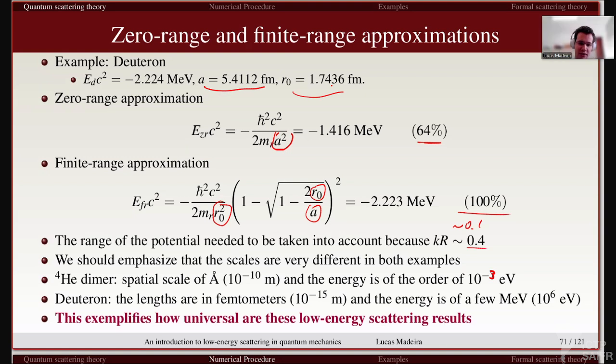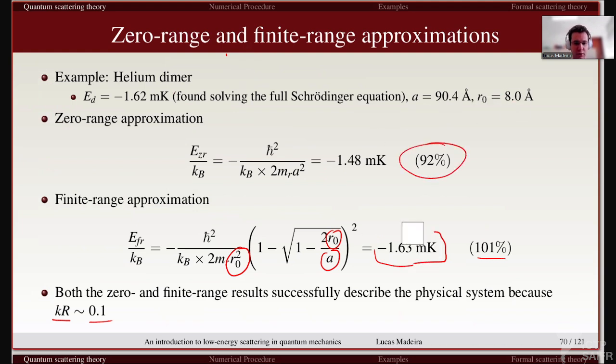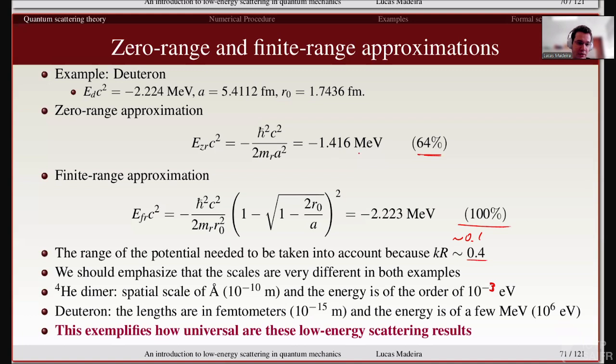Well, you can see where you start to leave the validity regime of this theory, even in these examples that I'm showing here. If you are doing just a helium dimer, you could do a zero range theory and you would get pretty good results. Of course, going one step beyond, you get much better. If you do that for the deuterium here, you see that the zero range theory is bad, but if you go a little bit further, it gets better. And as I argued, it's because of the product of this quantity that yesterday, when I said, what's the low energy limit?